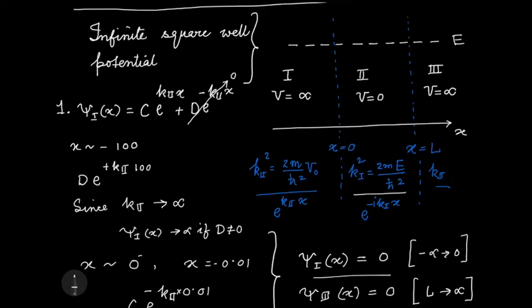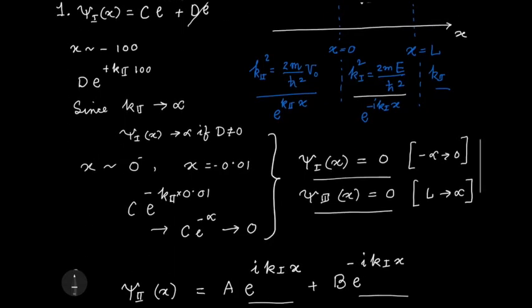In the classical counterpart of this potential, the particle will always be in between 0 and L, because there is infinite potential outside. So the psi in region 1 and 3 is 0. All the psi which is non-zero is in region 2, which also means that if I ask you what is the probability of finding the particle outside the region 0 and L, you will say definitely it is 0.